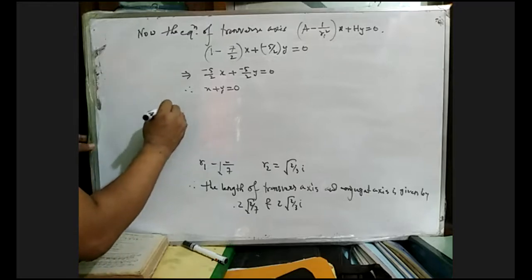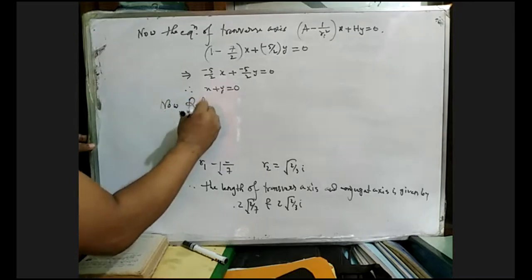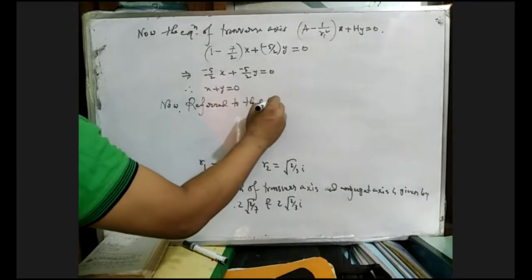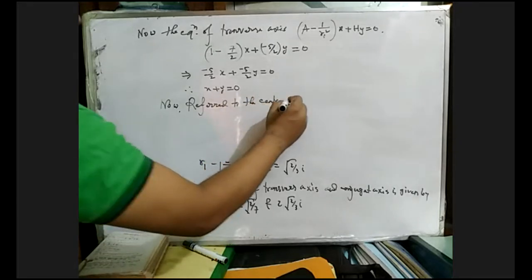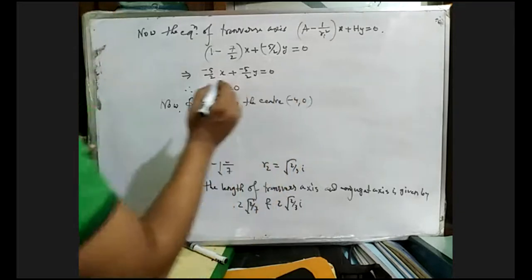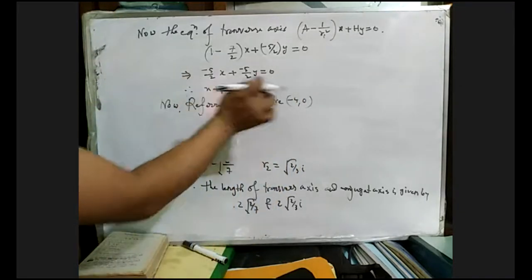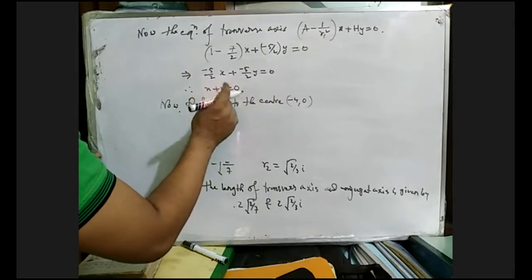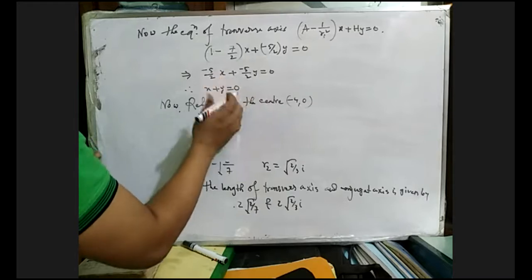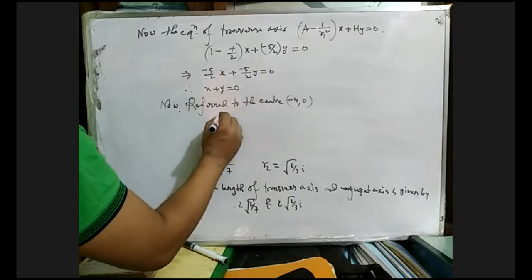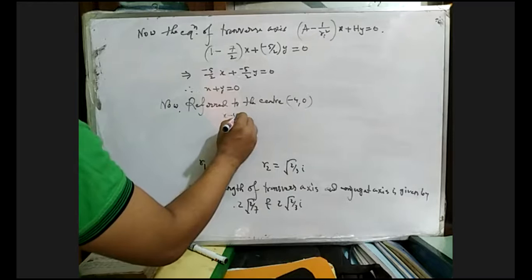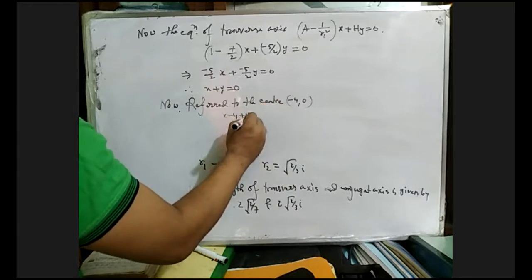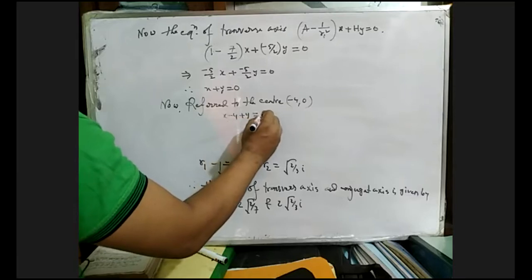Now refer to the center, minus 4, 0. The center was minus 4, 0. So if we shift this center to this, x becomes x minus 4 and y becomes y plus 0, equals 0.